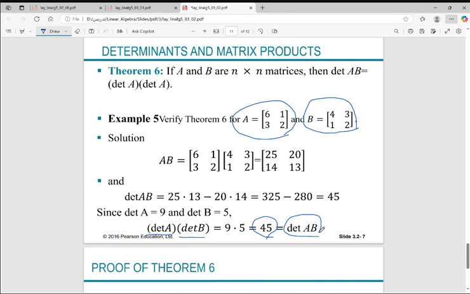So it is very important to keep in your mind that determinant of A plus determinant of B is not equal to determinant of A plus B. So let me write over here.